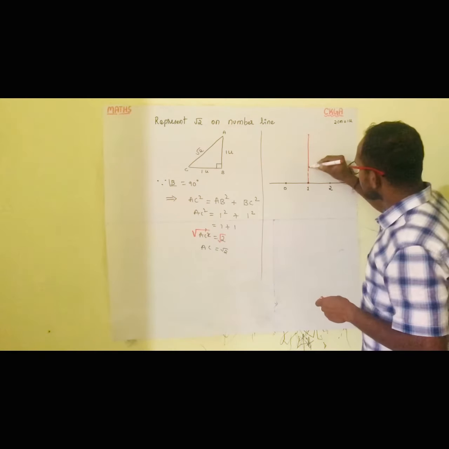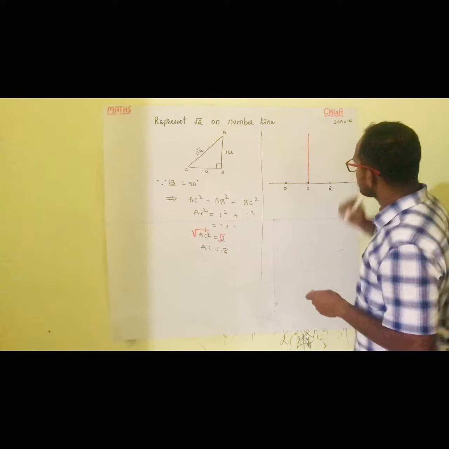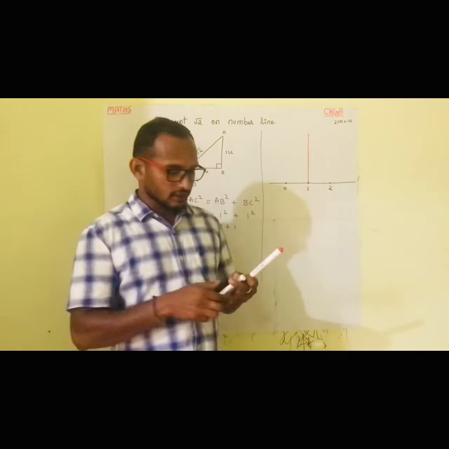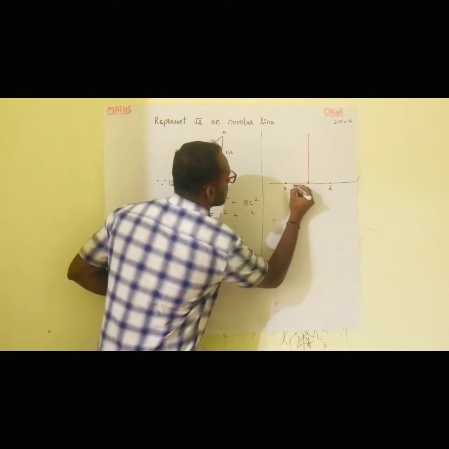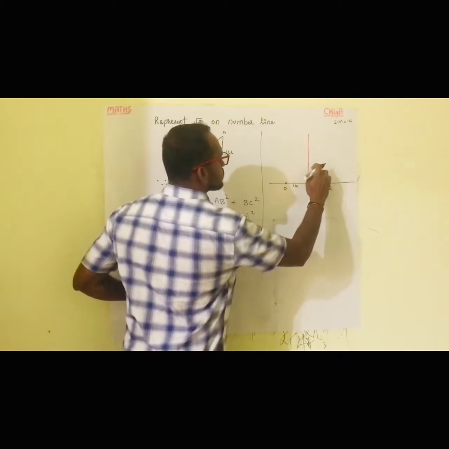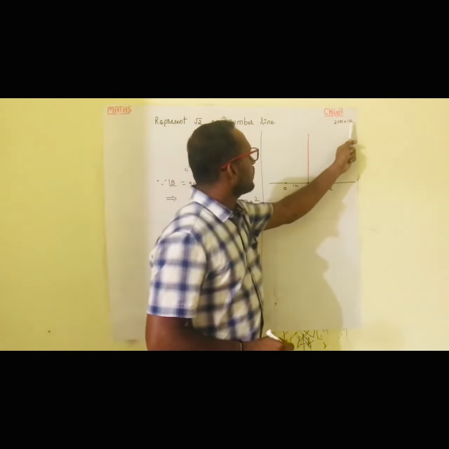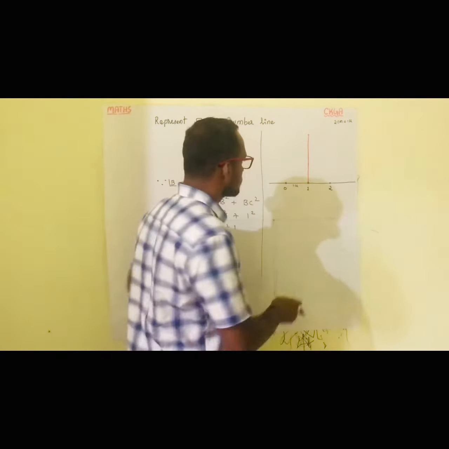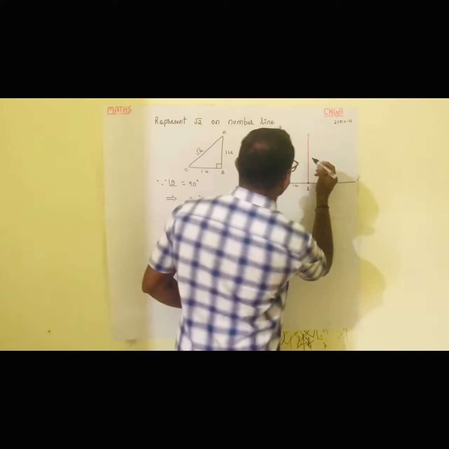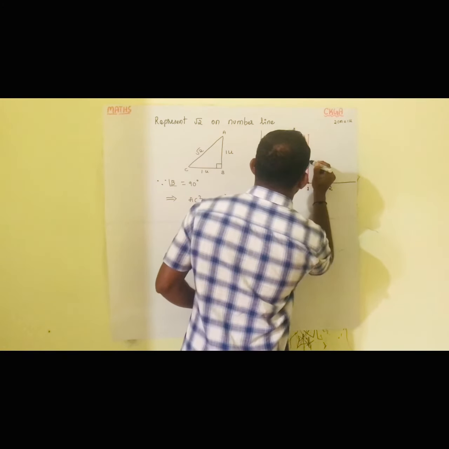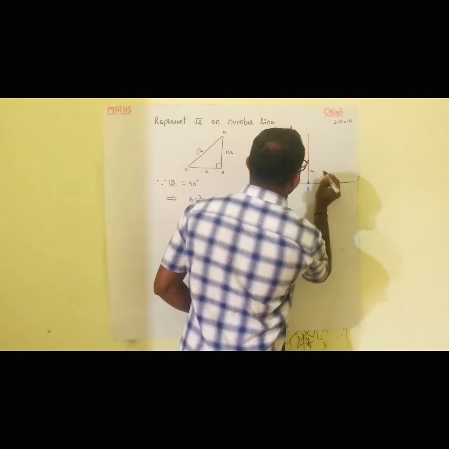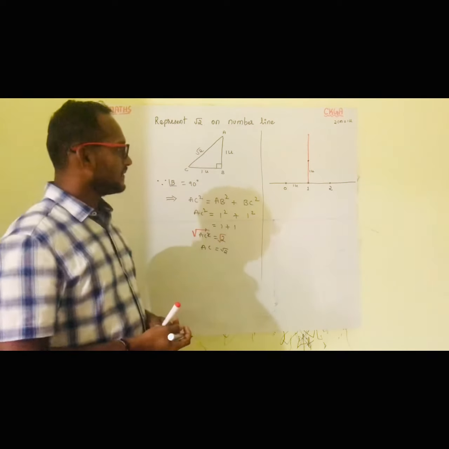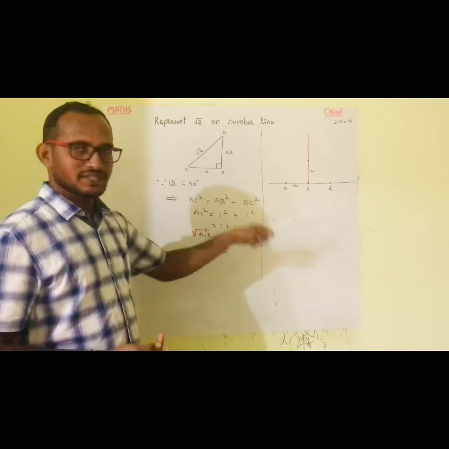This is the perpendicular I have drawn. Again, you have to mark 1 unit here, which is 2 cm. So I am marking approximately here. Again I took 1 unit here. I think you got almost similar to this one.